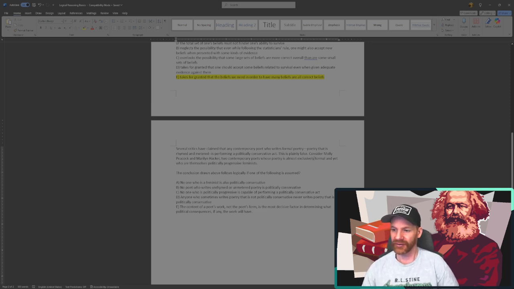So, this part of this statement is trying to say that these two provide exceptions, or that prove the rule, that prove that this is plainly false.